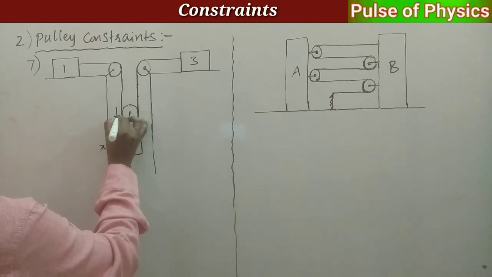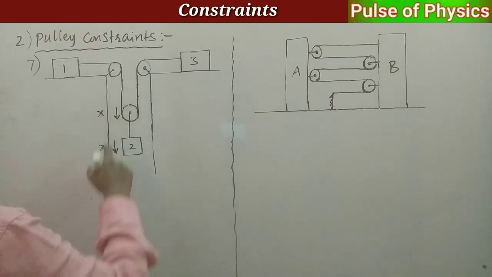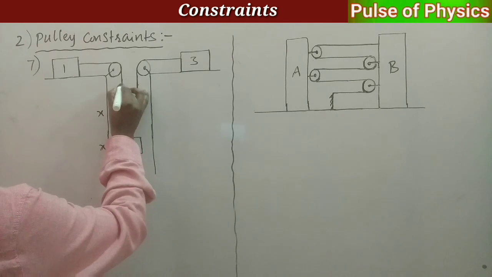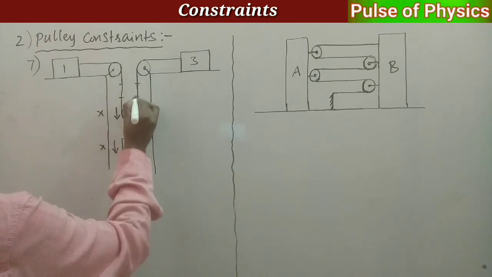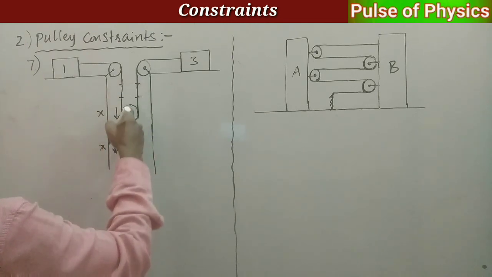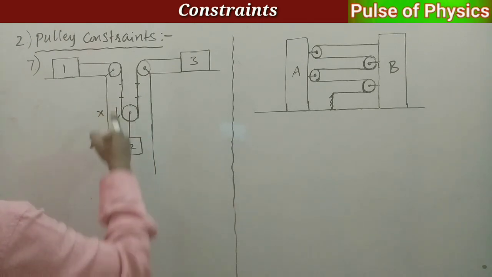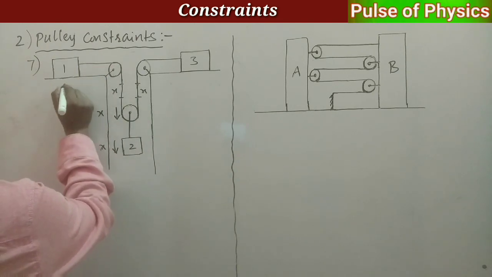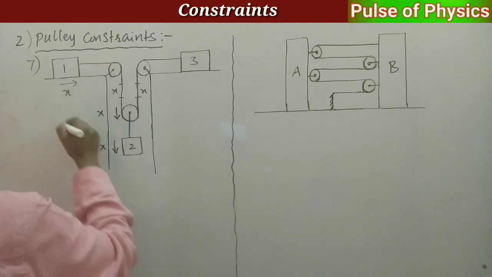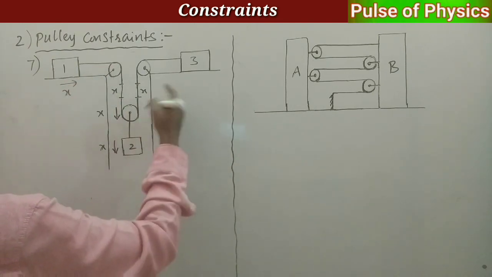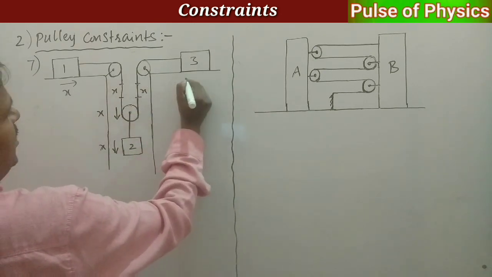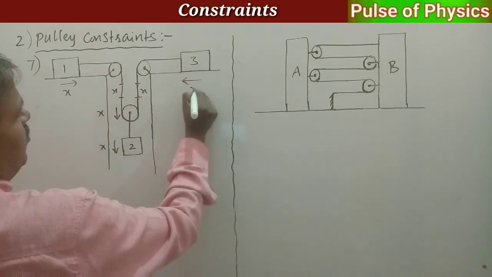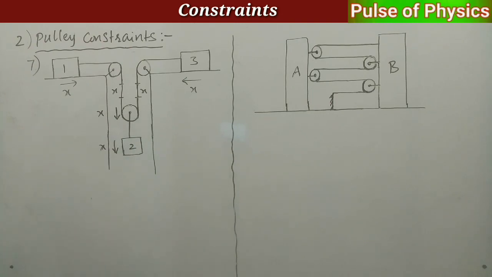Pulley should move x centimeter down. It needs x centimeter string here. It needs x centimeter string here to move the pulley downwards. This is provided by this block by moving x centimeter towards right. This is provided by this block by moving x centimeter towards right.